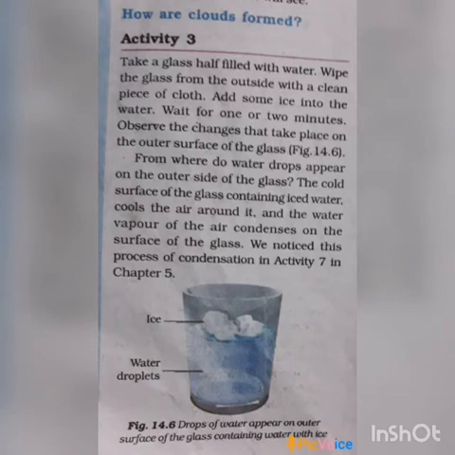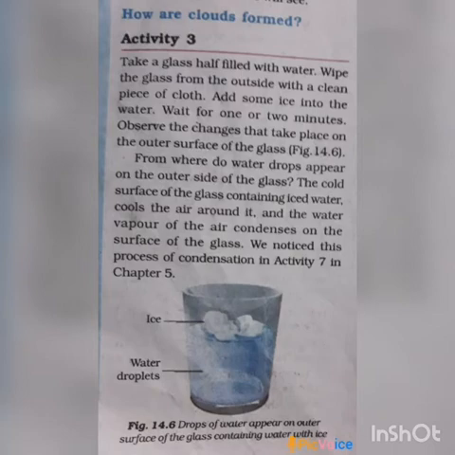So, the ice cools the air around the glass tumbler and the water vapor of air condenses on the surface of the glass. So, what will happen when water vapor condenses?